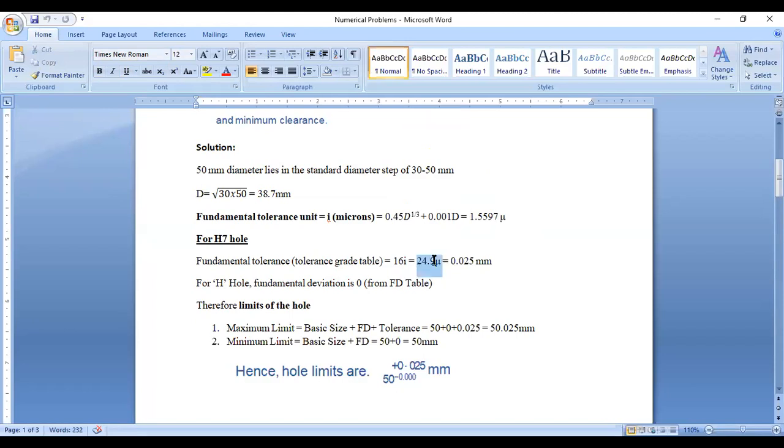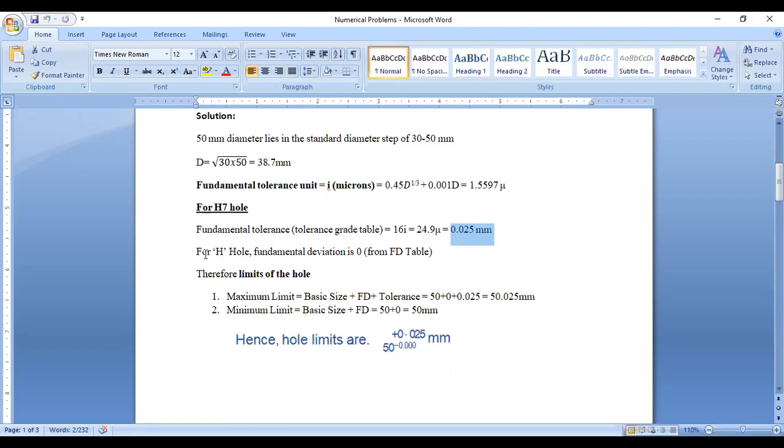Whatever answer you get, convert that into mm. Here you are getting 24.9 microns, approximately around 25 microns. It is converted into mm, that is 0.025 mm. Understood?